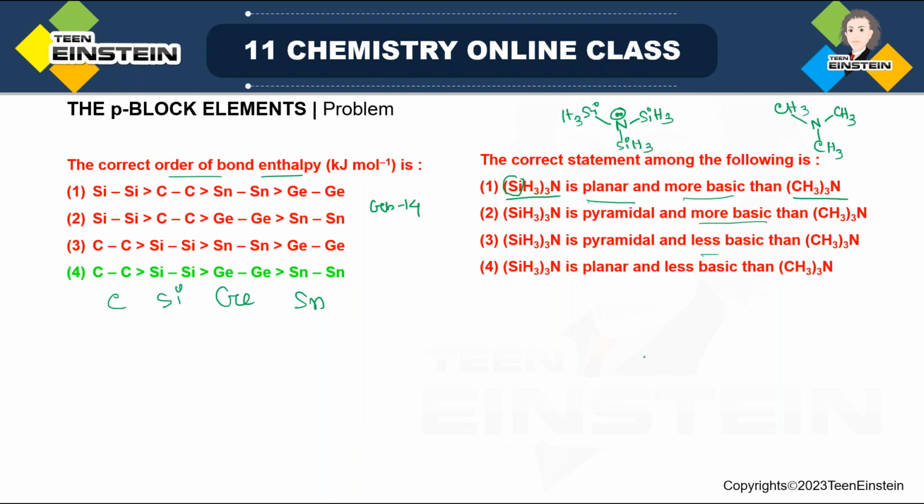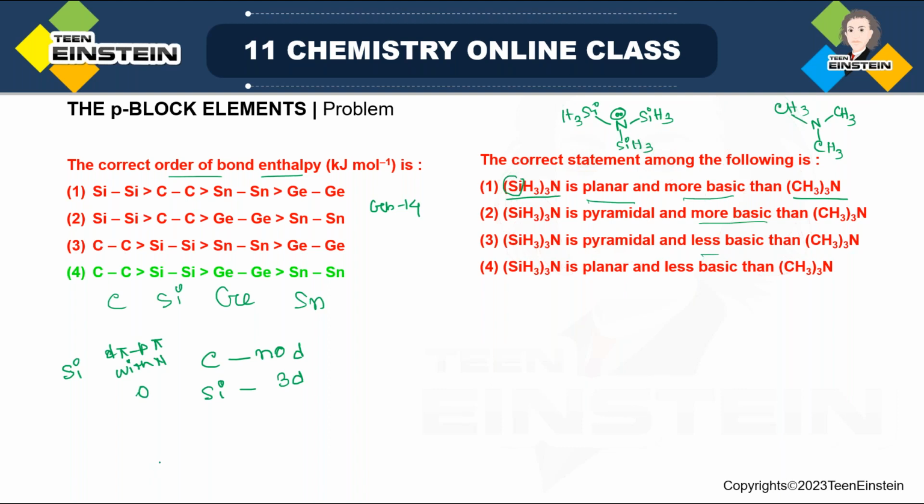Initially you may think that in both cases there will be a lone pair over nitrogen, so what is the problem? But see, what is the difference between carbon and silicon? In carbon, we have no d orbital, but in silicon there is a vacant 3d orbital. Remember, in the first slide on pi bond formation tendency, we had a point mentioning that silicon has a tendency for dπ-pπ bond formation with nitrogen and oxygen.